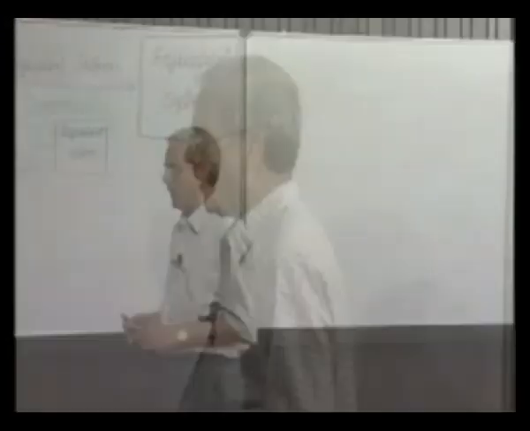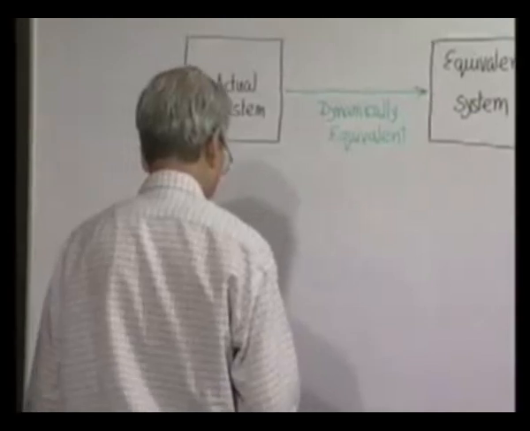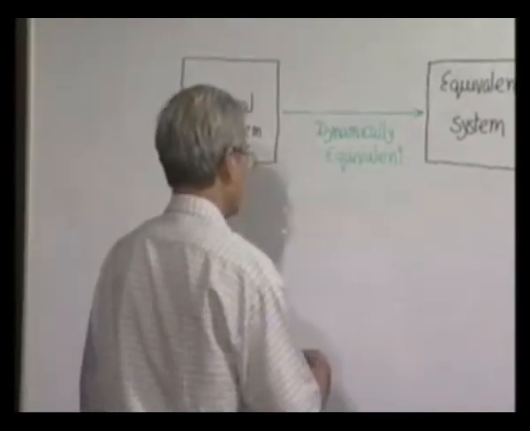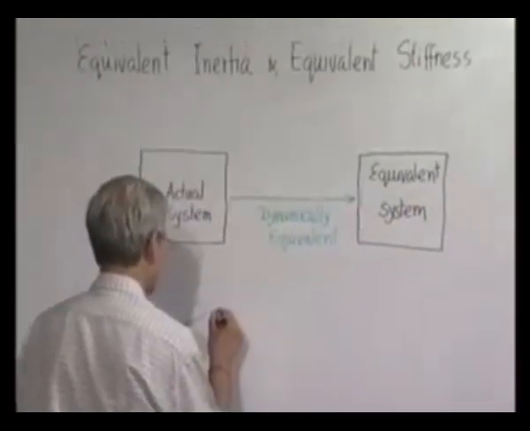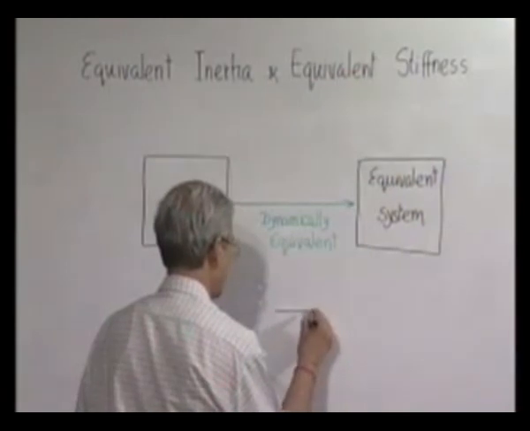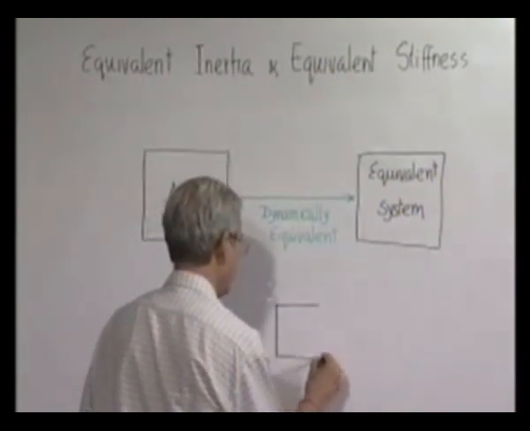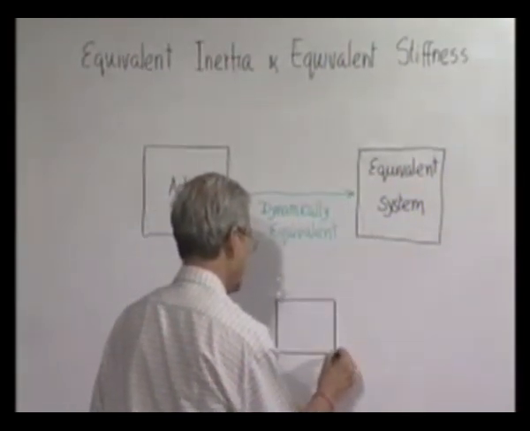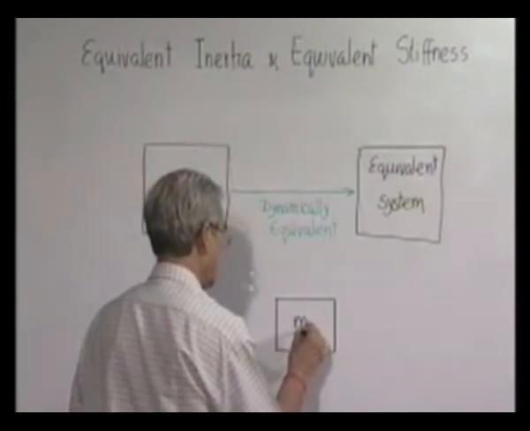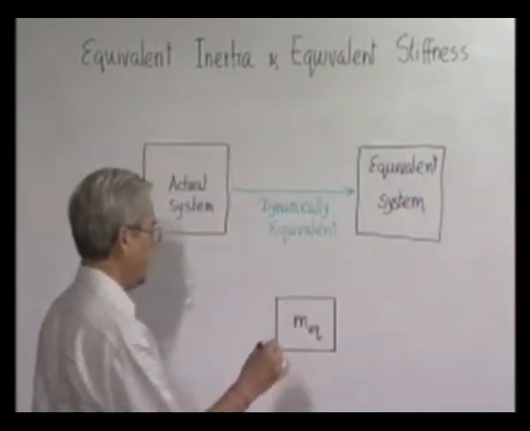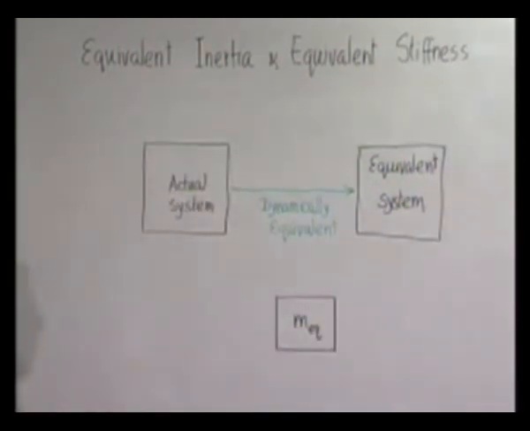Now, to find out how we can do that, let us consider that this is the equivalent system. Say let this equivalent system be an inertial mass M equivalent.